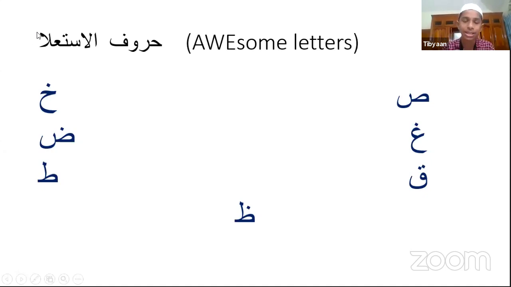There's a general name, but in English, it's known as awesome letters. Why are these known as awesome letters? Because these letters are very awesome. As well, if you can see how I wrote awesome, AWE is in capital. Why is that? If you observe the makhraj of these letters, all are ending with an aw. Saw, khaw, ghaw.